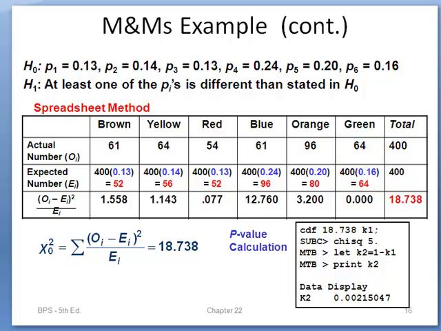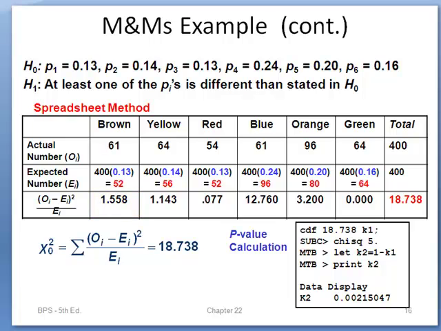So now, to start to find our test statistic, we have to take each of the categories and do the observed minus the expected, square that value, and divide it by the expected. So I'm going to take 61 minus 52, square that value, and divide by 52. When I do that, I get 1.558.